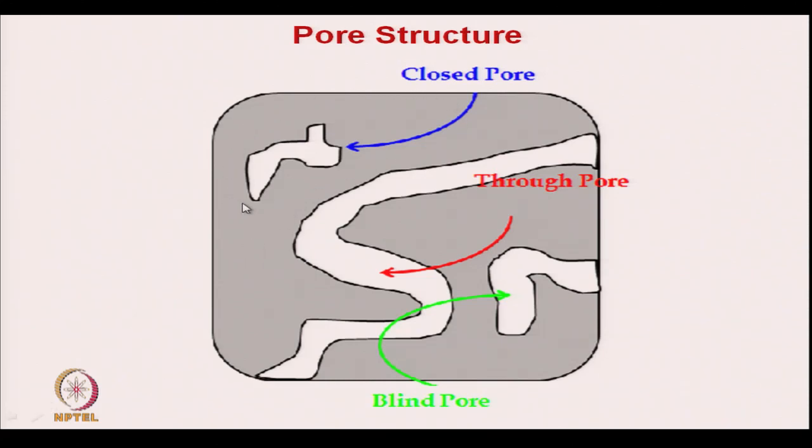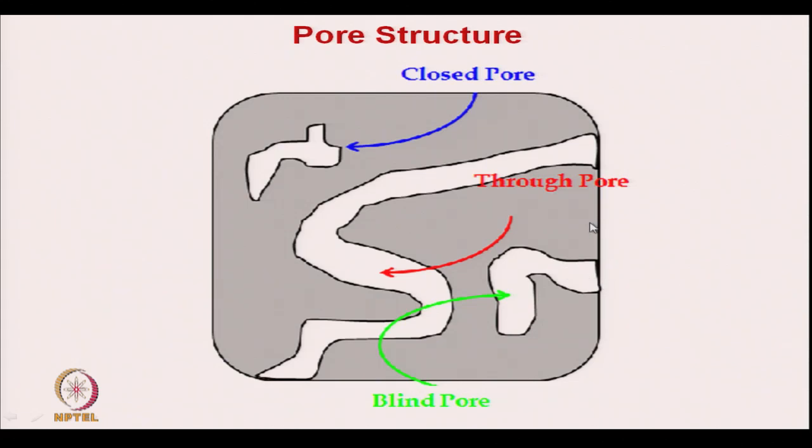Within the structure there will be an isolated pore which is closed from all the sides. Next is the blind pore, where the pore starts at the surface, but ends within the structure.